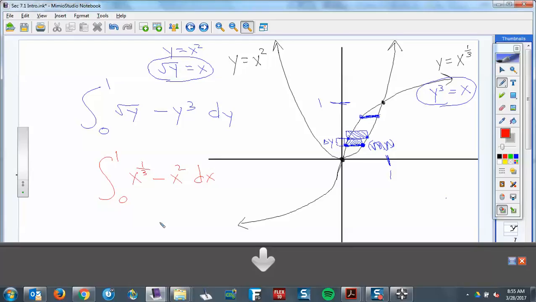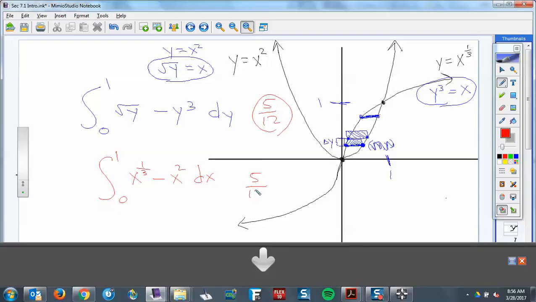Now, it turns out the calculator doesn't care if you type in x's and y's. You can type in a's or r's or q's, it doesn't matter. But I think it's a good habit to get into: if you're doing one of these, do it with x's; if you're doing this one, do it with y's. Doesn't matter though. Okay? What do you get? 5/12. Did you do them both? Yeah.